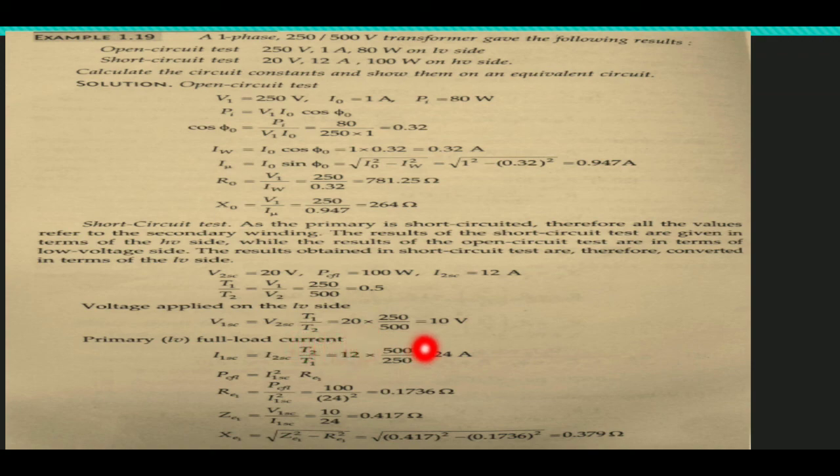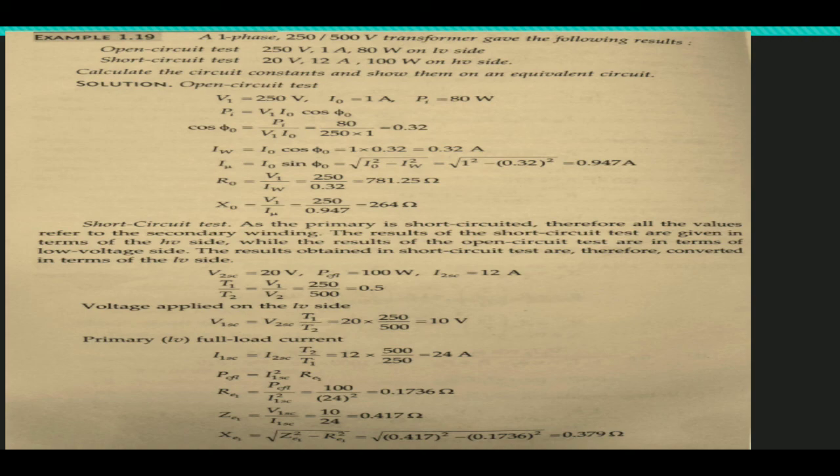Now I1SC equals I2SC into T2 by T1, that is 12 into 500 by 250, equals 24 ampere. So PCFL equals I square, that is I1SC square.